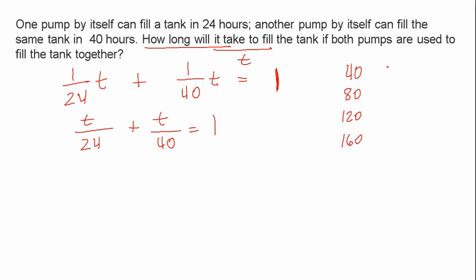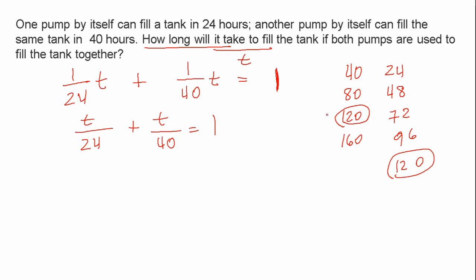Let's start listing out multiples of 24. 24, 48, and for some problems you're going to have to do this on the ASVAB. 72, 96, 120. And as you can see, we have a common multiple of 120.